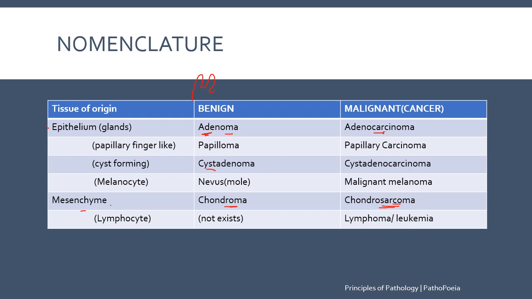A special attention we need for the lymphocyte is that their benign form doesn't exist. The benign form of the lymphocyte doesn't exist because if there is neoplastic proliferation of the lymphocyte, it automatically points to malignant transformation. Okay.